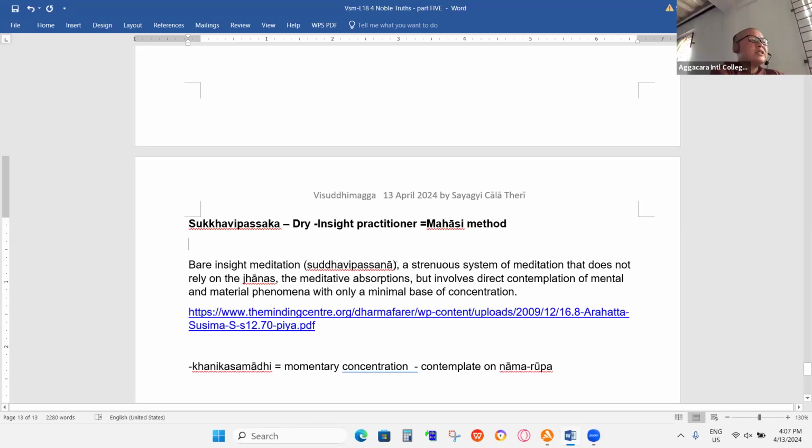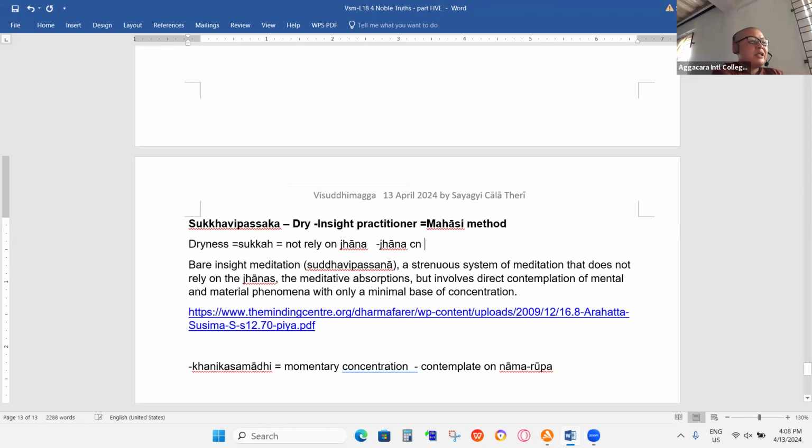Okay, the meaning of dry here is that they don't rely. The meaning of dryness means sukha. Sukha means not relying on jhana, because jhana can give joy and happiness, you know about that, right?